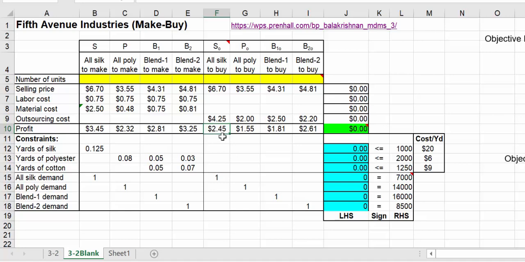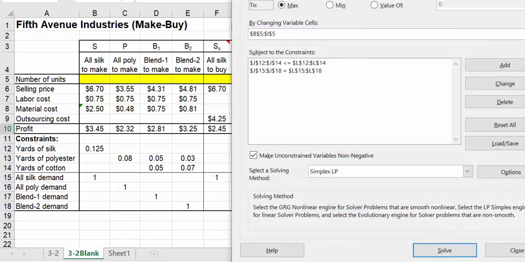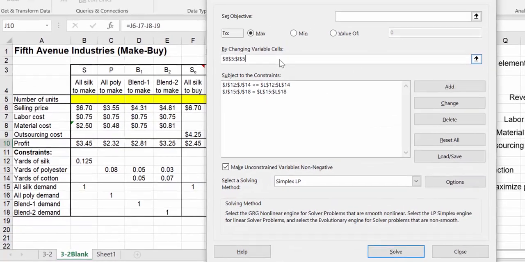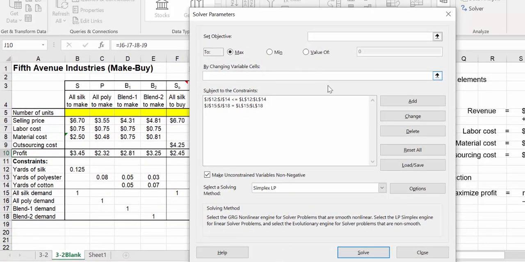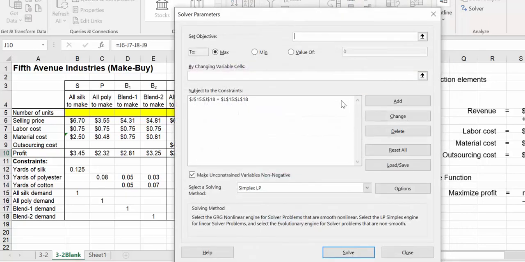Okay, so let's take a look in terms of maximizing profits. So we'll probably want to go into data, go into solver. I think I should have everything already in there for solver, but I should probably blank it all out, right? Probably just give it a blank so we can start from scratch.